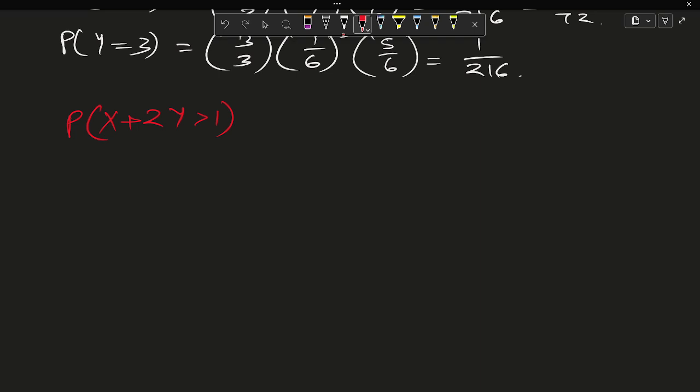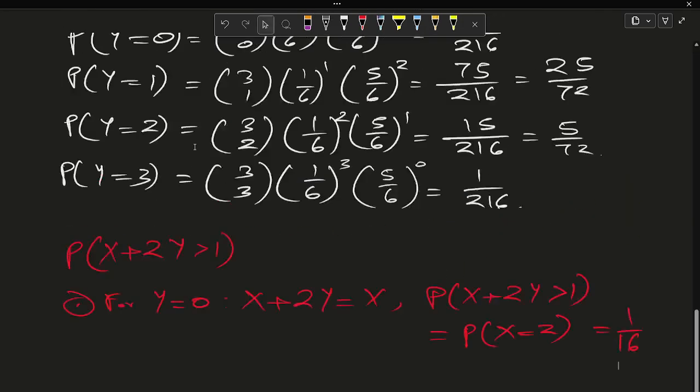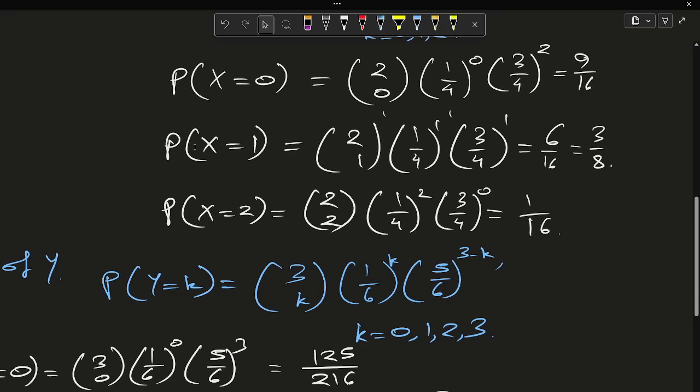So the possible values are, for Y equals 0, we will get my X plus 2Y is equal to X. So the probability of X plus 2Y greater than 1 is equal to my P of X equals 2, which is equal to 1 by 16. Because my P of X equals 2 is this.